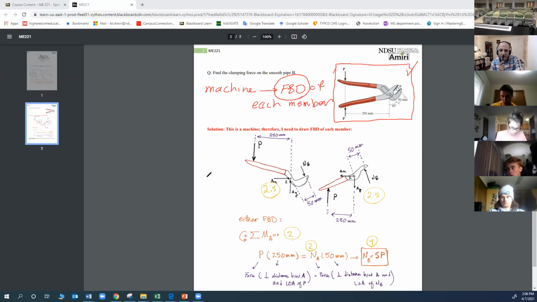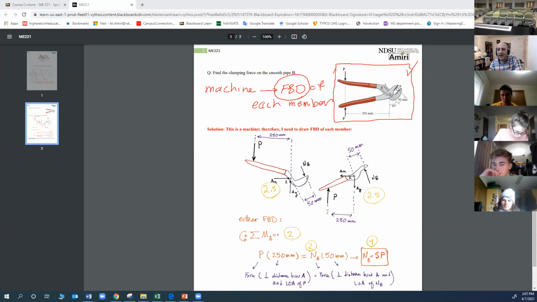Okay. So yes, everything that you guys told me is correct. Okay. None of it was incorrect. Yes, they're all correct answers. But the more general question is, it says find the clamping force on a smooth pipe B, right?